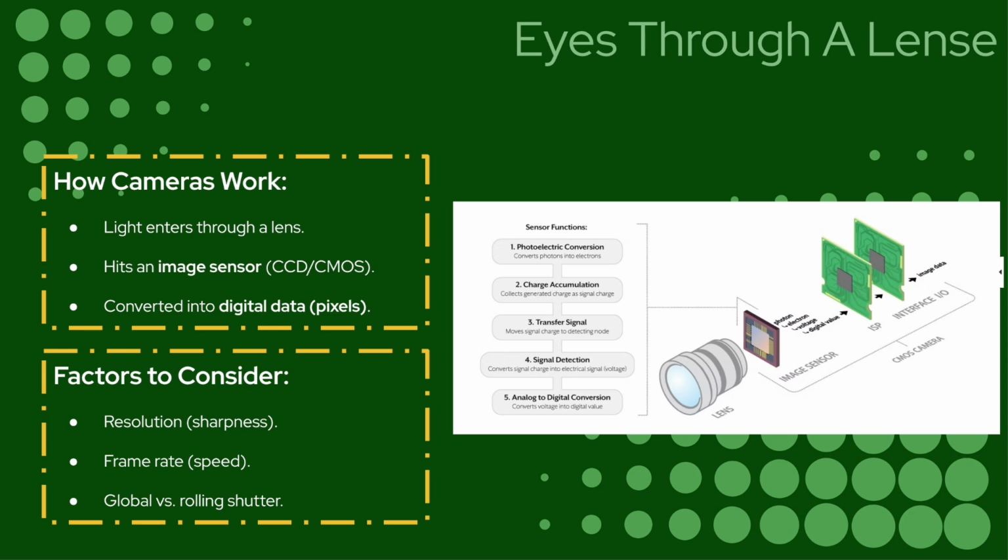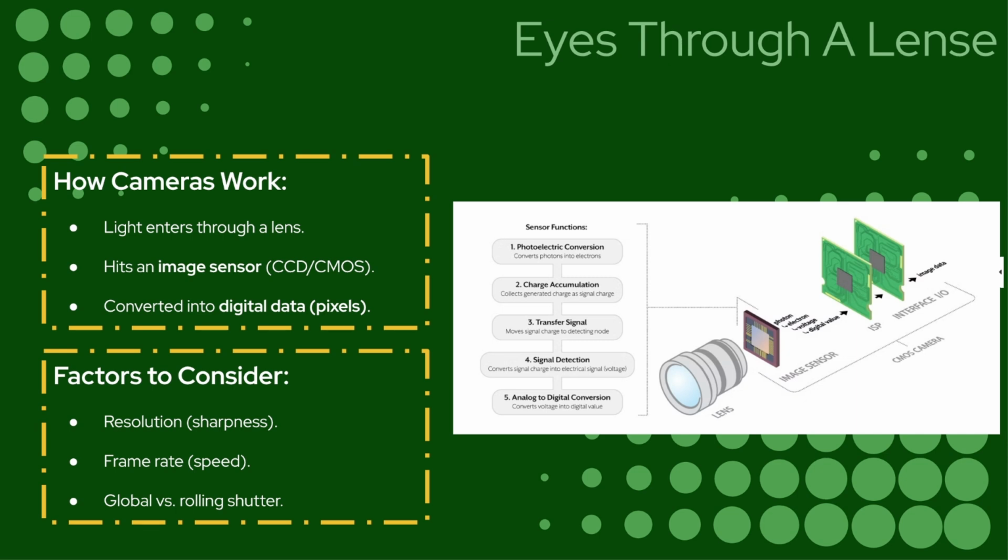So looking at a camera, cameras are the robot's eyes. They transform light into usable data because, again, our microcontroller can only understand zeros and ones. It has to understand numerical data. It can't just process an image just how we do. We just look at an image and we can tell what things are. This process begins with light entering through the lens.